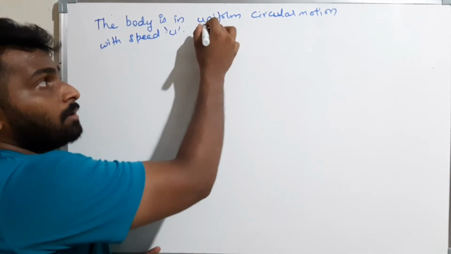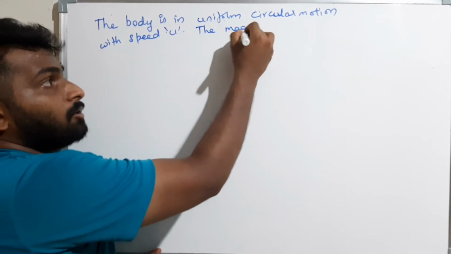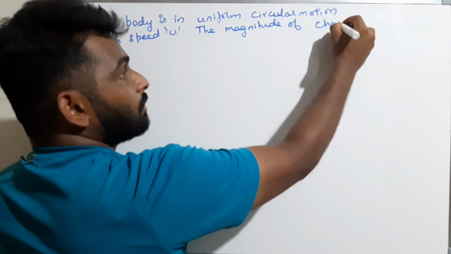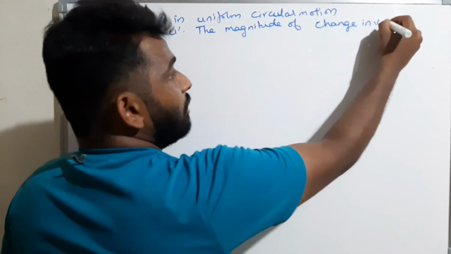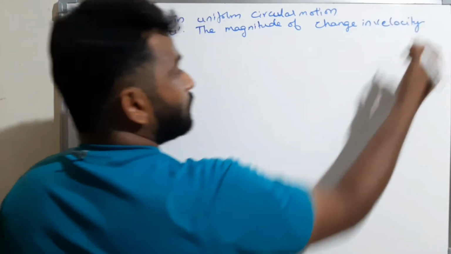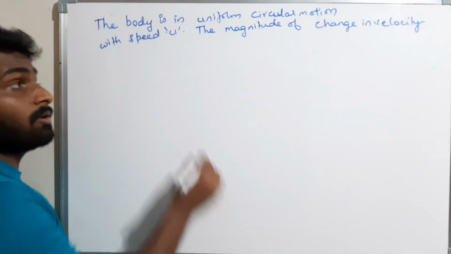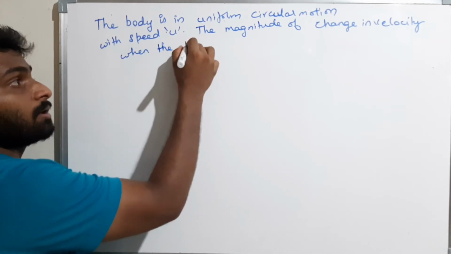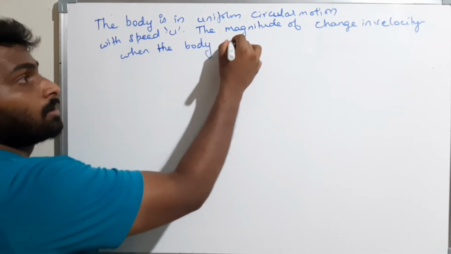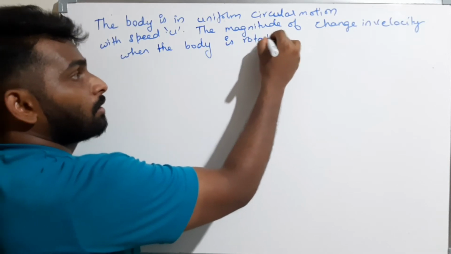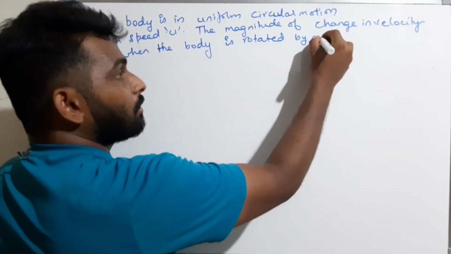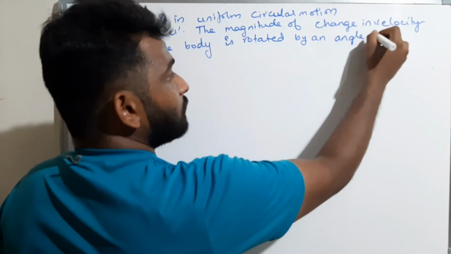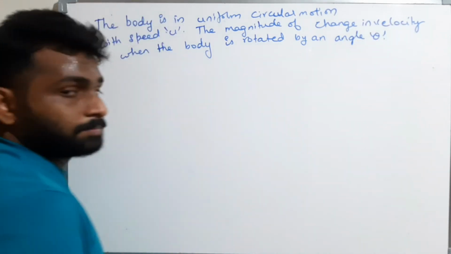Now they want to find the magnitude of change in velocity when the body is rotated by an angle theta. That's all. By an angle theta. Now see here.